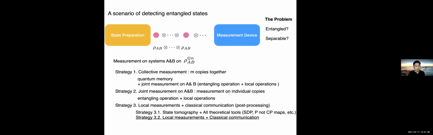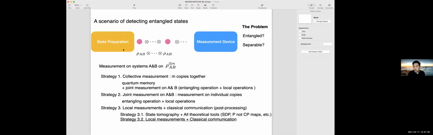Let me start with the scenario of detecting entangled states. Maybe I will go this way, so then you see the blocks. Suppose that there's a device which generates quantum systems. Every time the device generates a bipartite state rho AB, and many copies, okay?